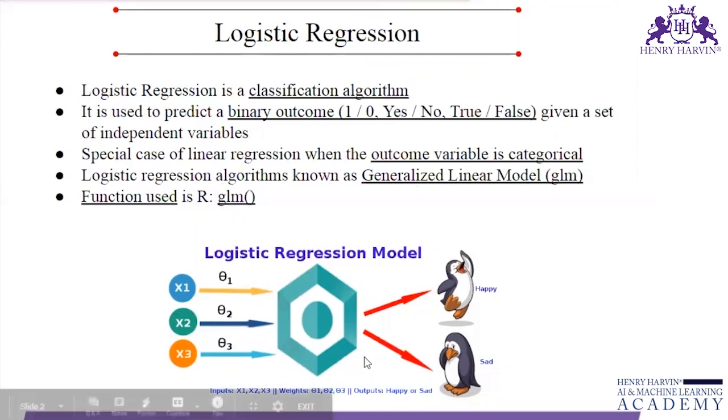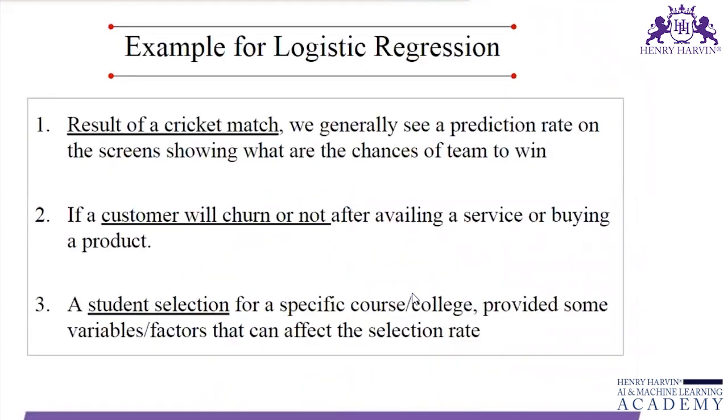As you can see in the picture also, we are giving different variables to the model that we created, and the outcome is either happy or sad. So logistic regression helps us get to a conclusion or a result where there is either a true or a false value. Some examples for logistic regression are the results of a cricket match. We generally see a prediction rate on the screen when there is a cricket match, whether the team will win or not.